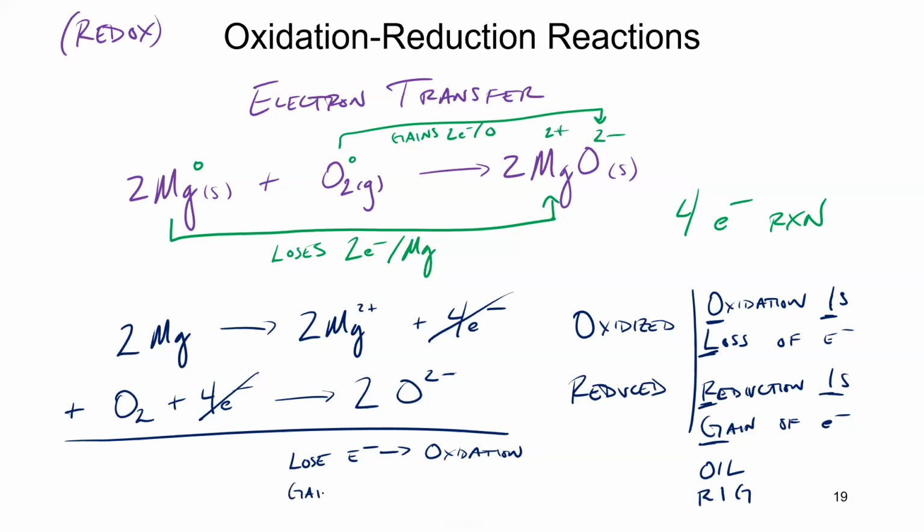If we gain electrons, that's reduction. LEO the lion goes GER. So whichever of those is easier for you to remember. Oxidation is whenever we lose an electron. Reduction is when we gain it.